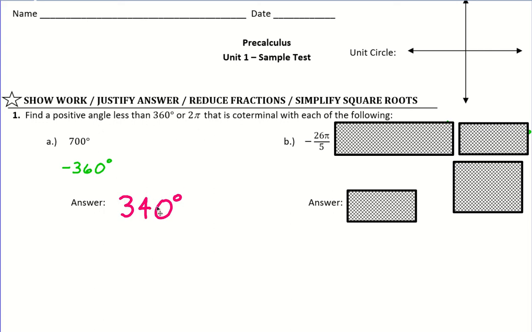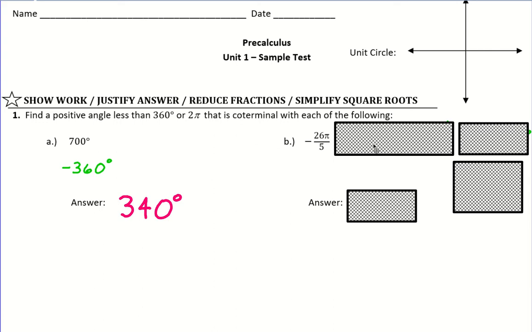So 340 degrees. For negative 26 pi over 5, probably the first thing you want to do is convert that to degrees because it's just easier to work with degrees. How do we do that? Well, here we can just replace the pi with 180 because they're equivalent.